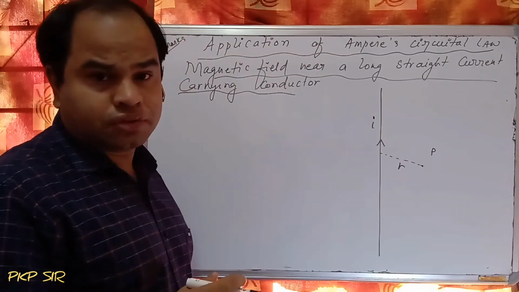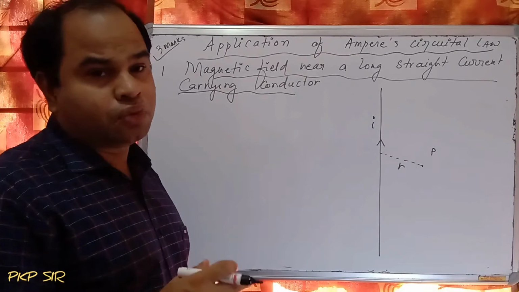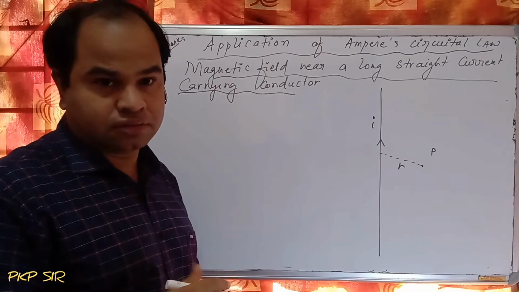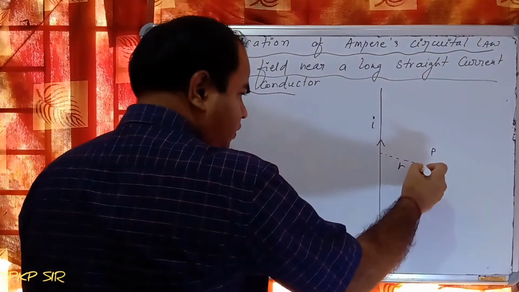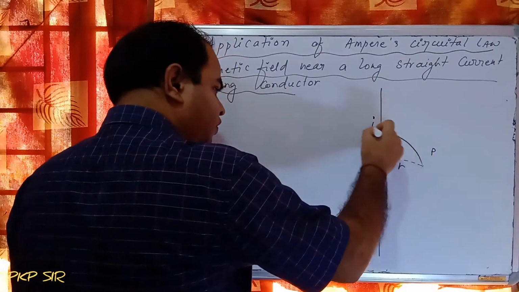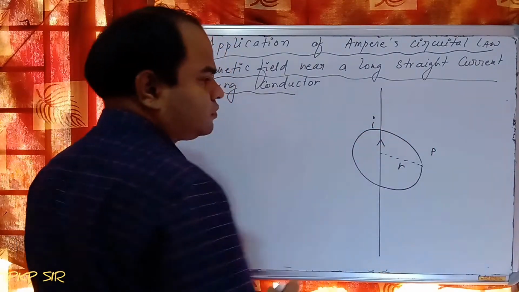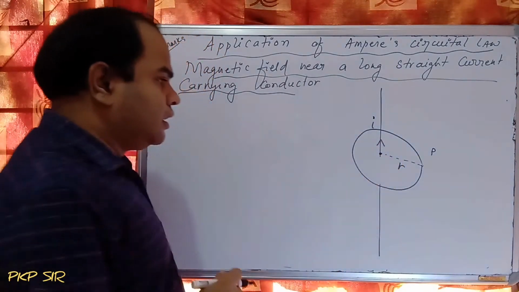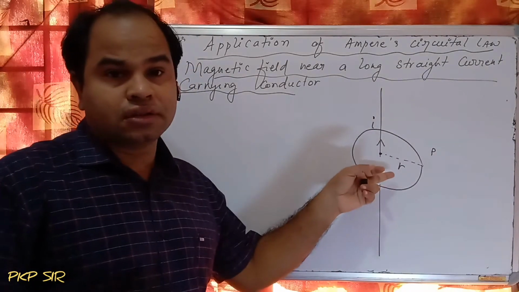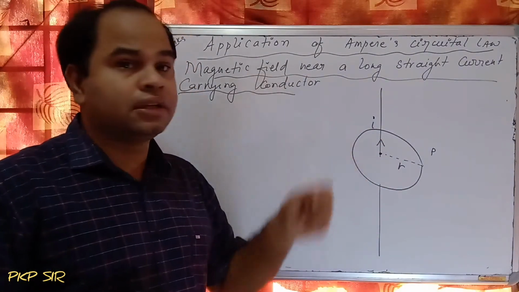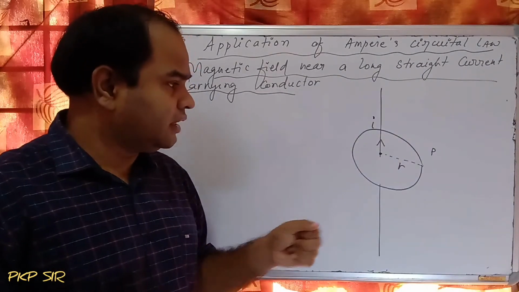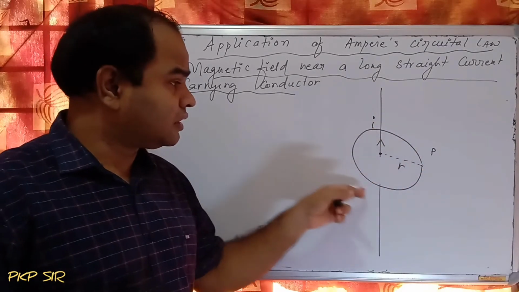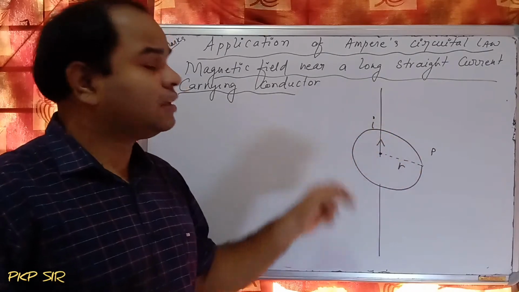So to use Ampere's circuital law, we have to use an Ampere's loop or a closed line. So let us consider a closed line in the form of a circle of radius r encircling the current carrying conductor.